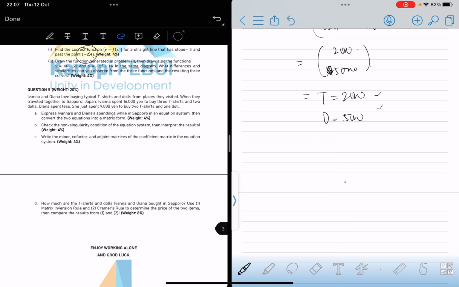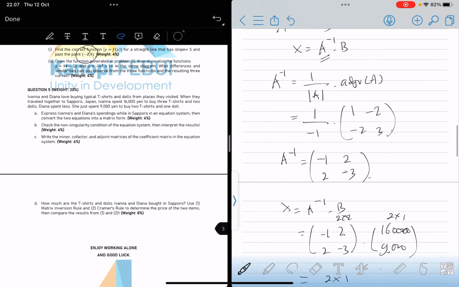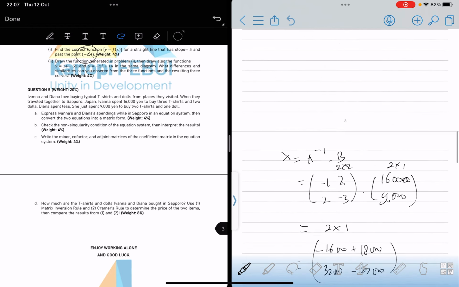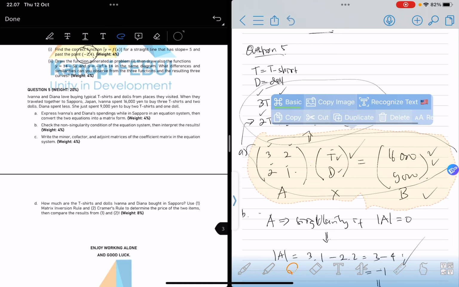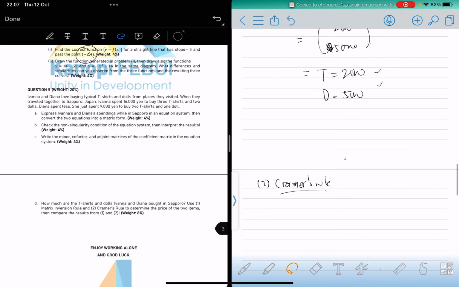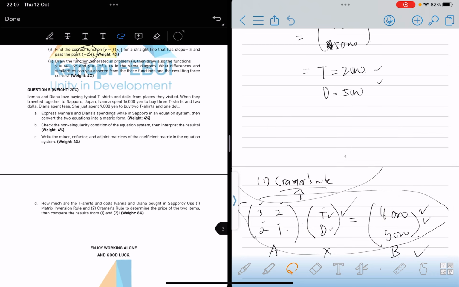So Cramer's rule. Okay, so how to solve by using Cramer's rule? Cramer's rule is like this. I think we should copy and paste this kind of thing. Okay, copy and paste here.